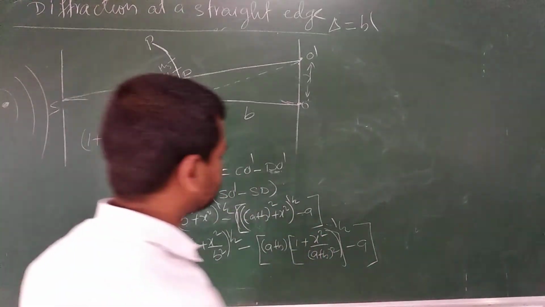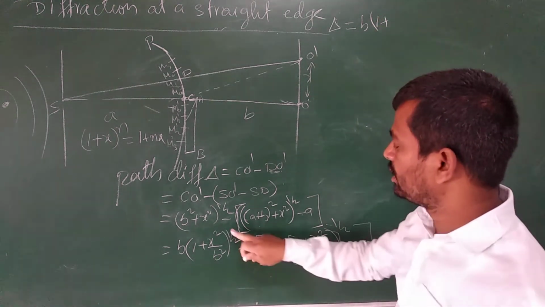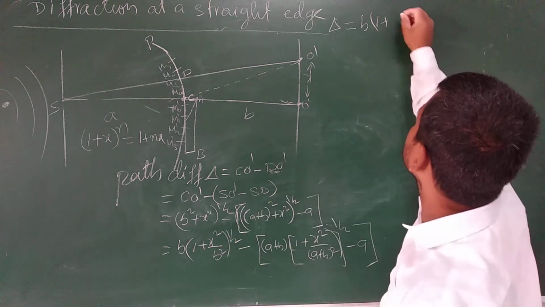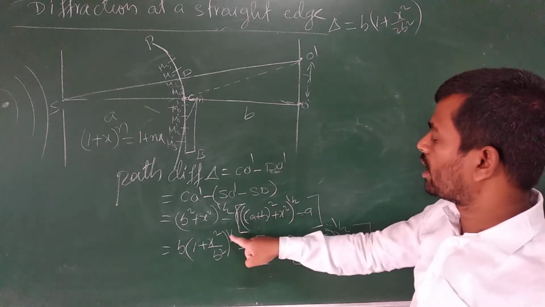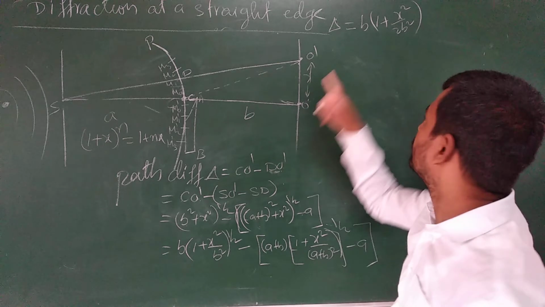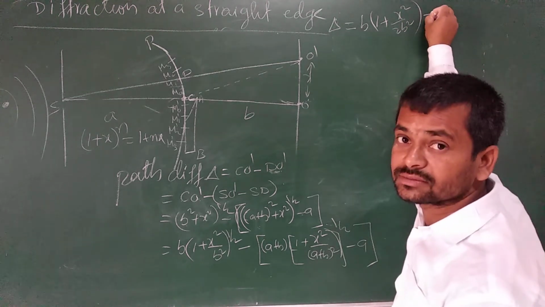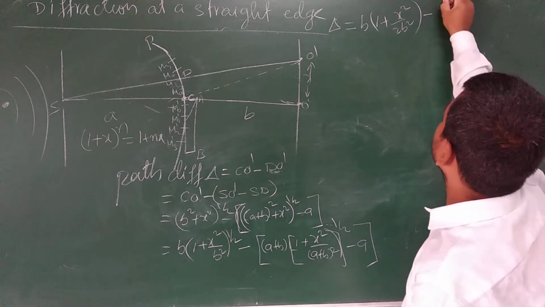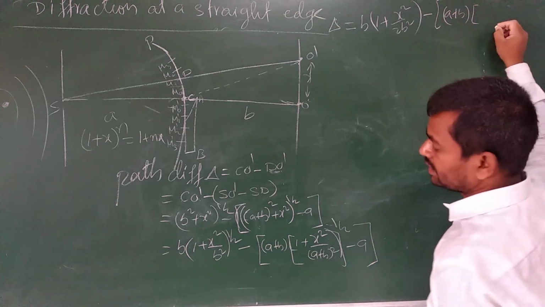Now see, 1 plus, with n as 1 by 2, it becomes x square by 2b square. Next, minus big bracket a plus b, one more bracket.